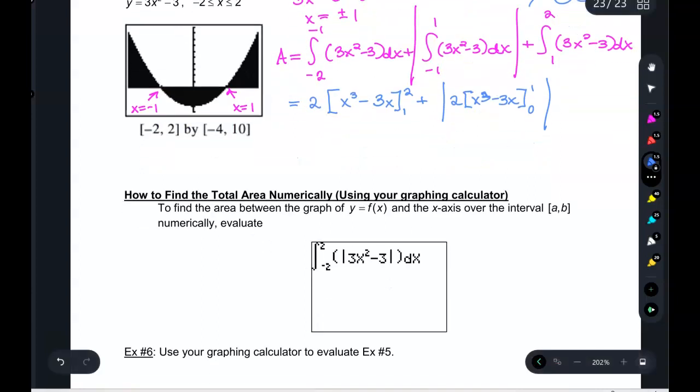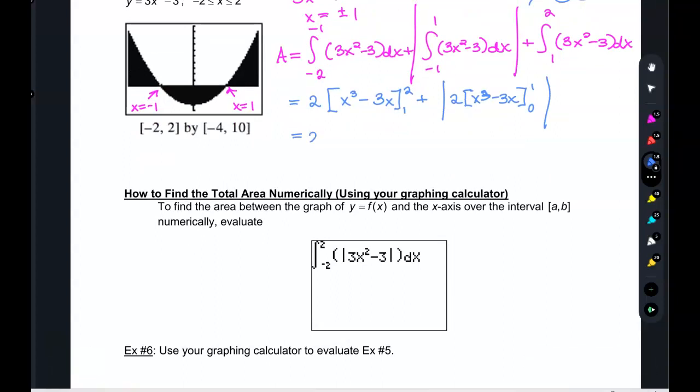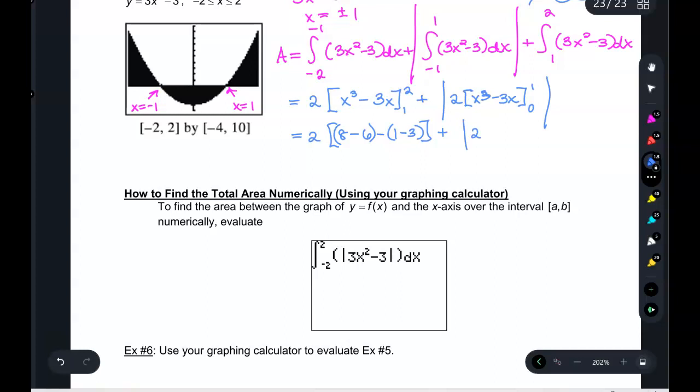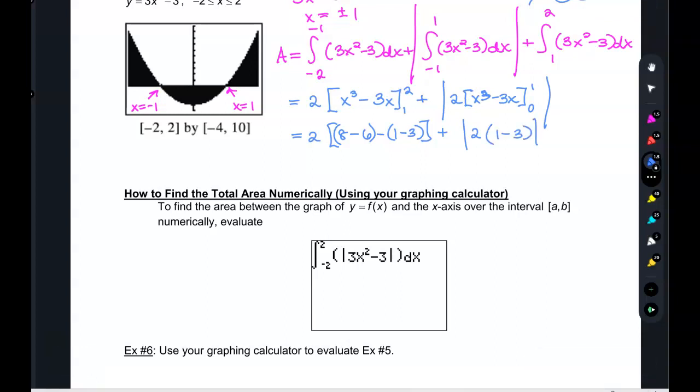Let's see, what's that end up with? Plug in 2, so that'll be 8 minus 6. Plug in 1, what's that? 1 minus 3. And then here we'll have 1 minus 3, but we want to make sure we take the absolute value of that.